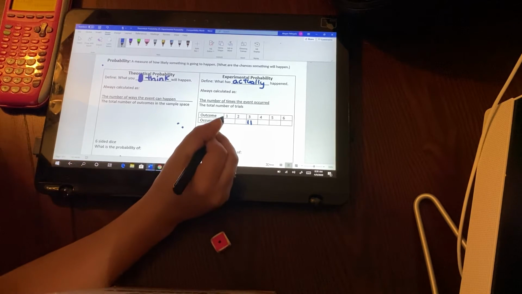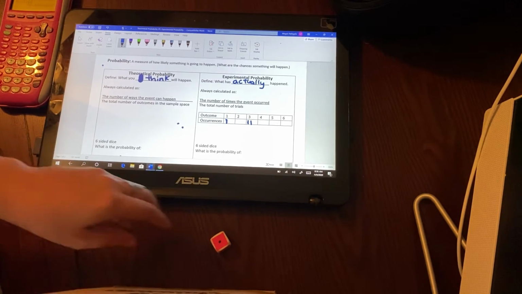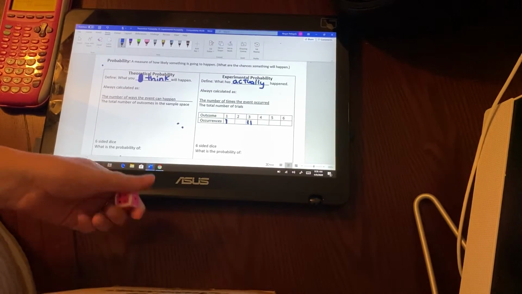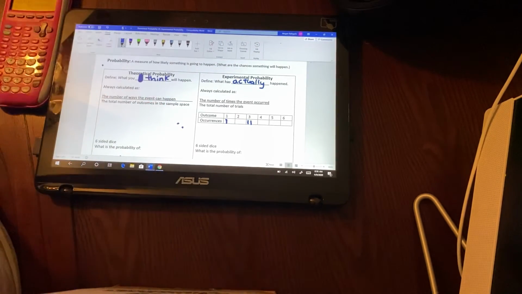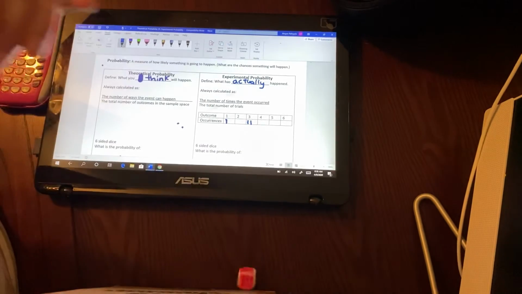Okay, so this time we got a 1. So it's a little less likely that it's going to be a 3. We're just going to roll this about 10 times. The more times you do the experiment, the closer to your theoretical probability that you are going to get.